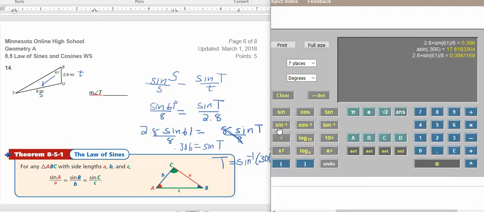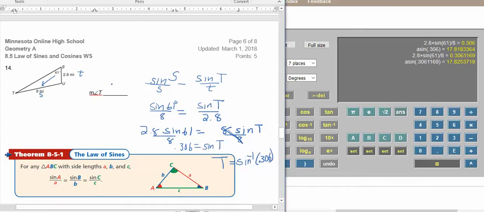So then when I take the inverse sine, I'm going to put all of that in. 0.3061169. 17.82. Didn't change much. So I'll say that this angle is 17.8 degrees, and that makes sense because that's a pretty small angle over there.